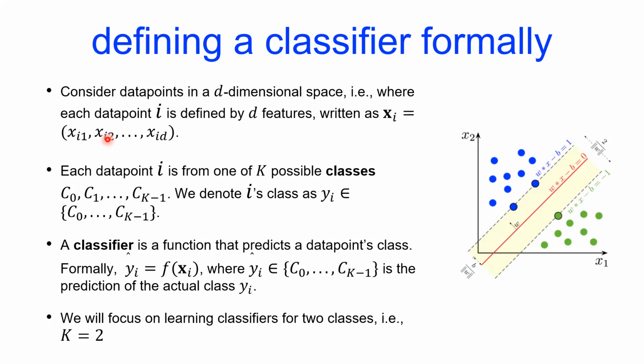The vector has d dimensions because we have d different descriptions of these data points, right? Then each data point i is from one of K possible classes. Then we denote the i-th class as yi belonging to C0 until CK-1. This is more formal language. If you write a report or a paper, if you want to write things in a formal way, this is the language. Okay, so this is a typical way we describe a problem.